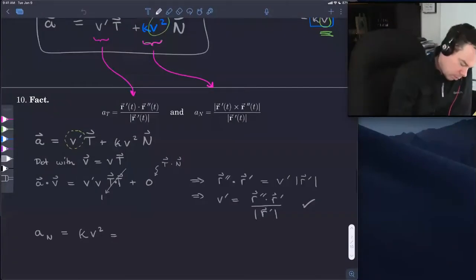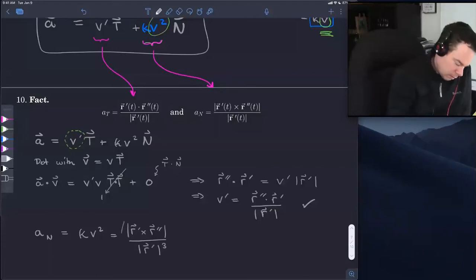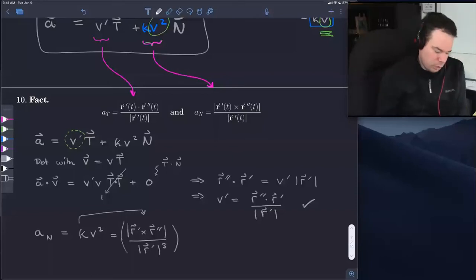So let's go ahead and throw that in here. This is the magnitude of r prime cross r double prime all over r prime cubed. That's our curvature part.